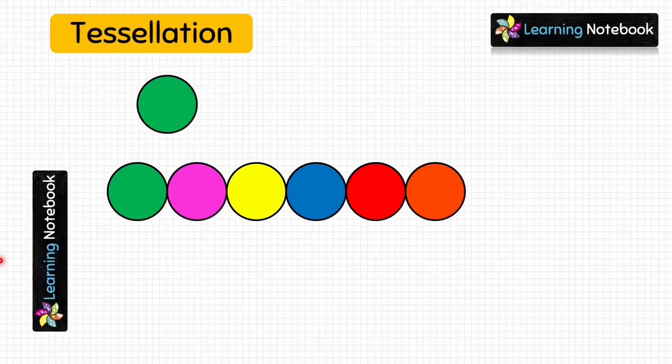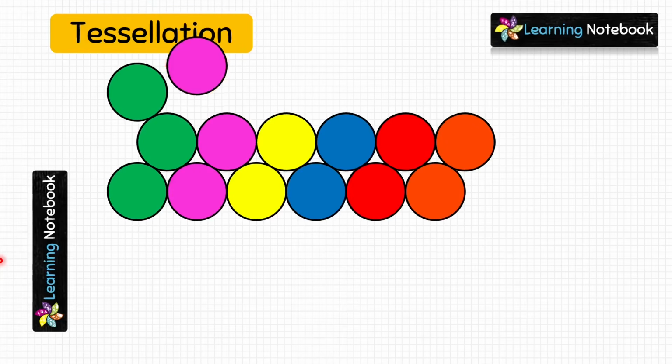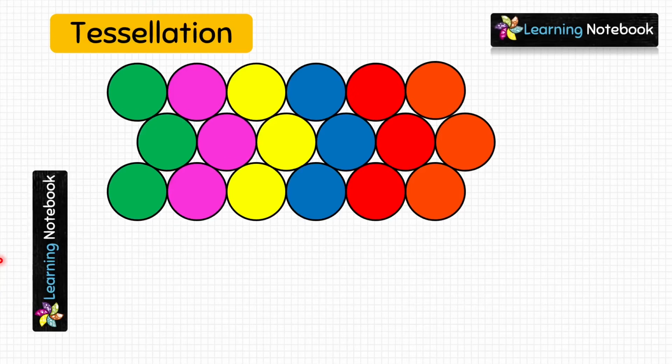Now students, look at this pattern. Can you tell me if it is a tessellation or not? Yes, here these circle tiles are of the same size. And each vertex is also looking the same, right? So tell me whether this is a tessellation or not?